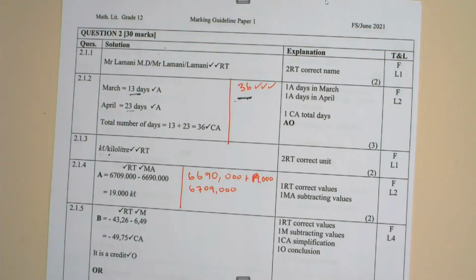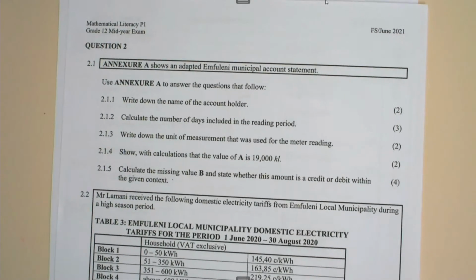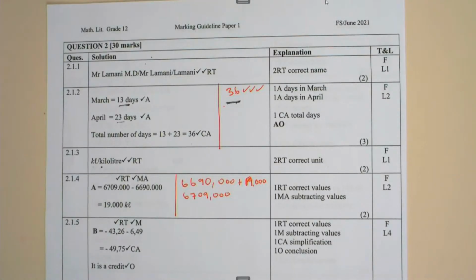2.1.4, it says show with calculations that the value of A is 19,000 kiloliters. Remember, we're still using the annexure.